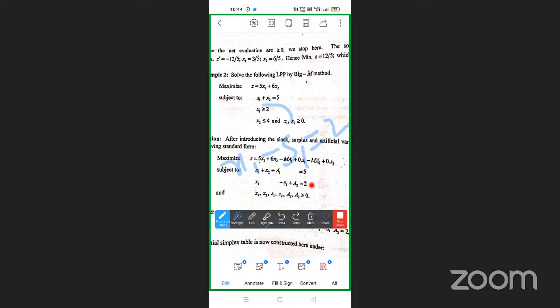Next, the other constraint is x2 less than or equal to 4.